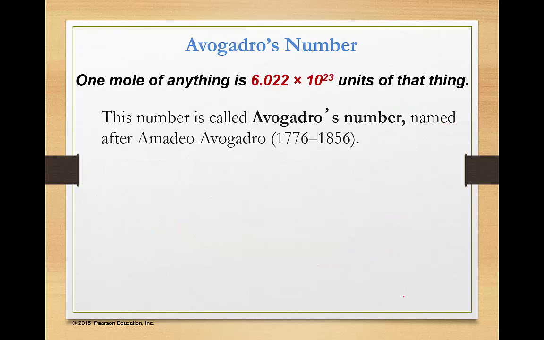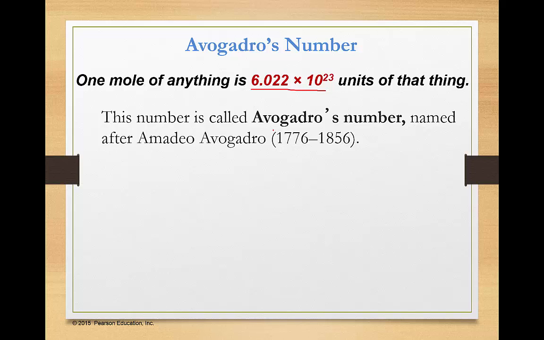All right, so a mole of anything, a dozen of anything is 12. A mole of anything is 6.022 times 10 to the 23rd. This number is also known as Avogadro's number. So we're not talking about green fruits that you eat, guacamole. It's Avogadro. Amadeo Avogadro is the scientist that came up with this counting number.